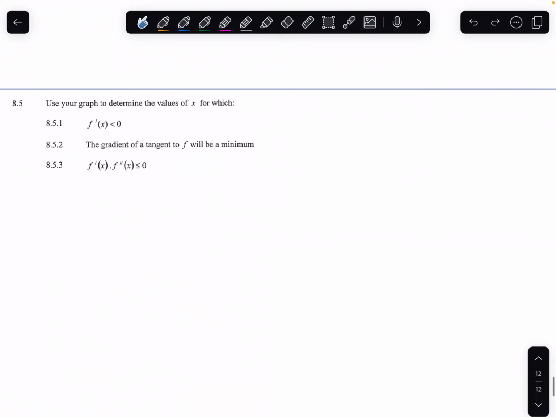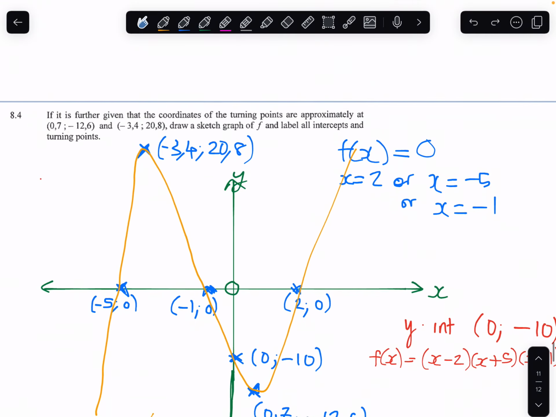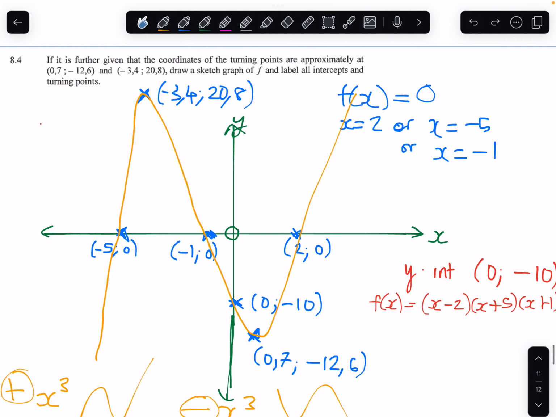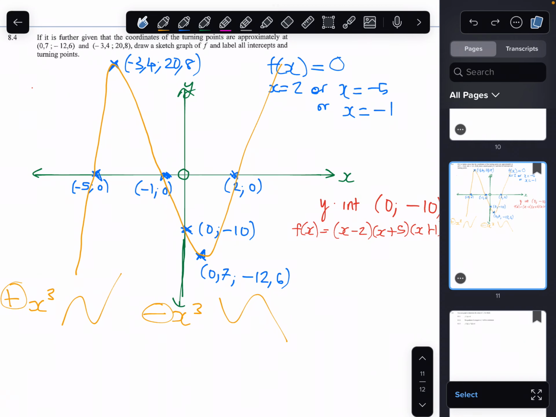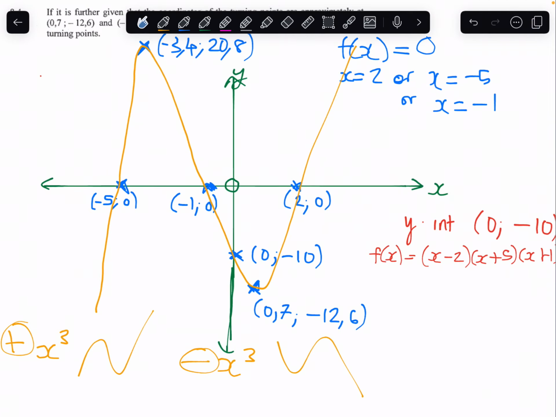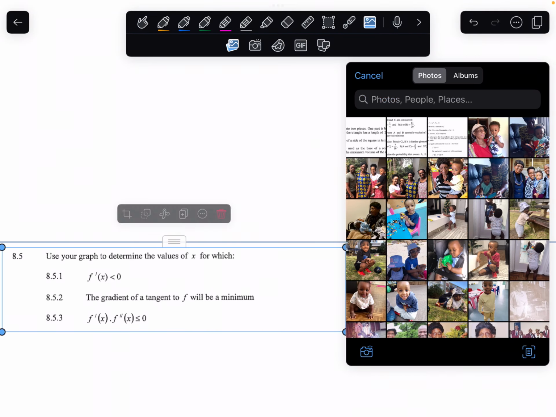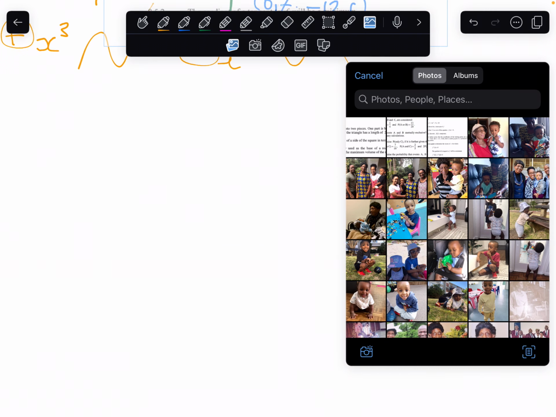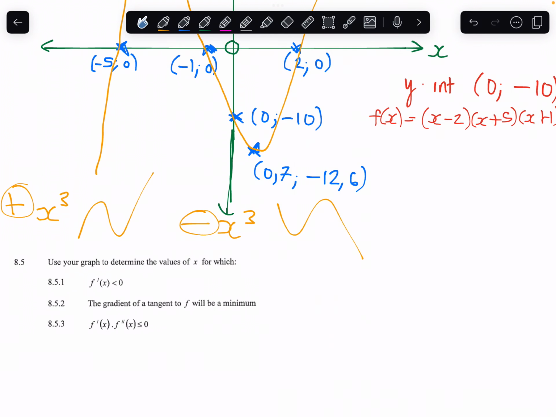Righties, last question, last part of the question. Use your graph to determine, okay, we're going to need our graph. I think what I'll do is I'll just duplicate this page. Then I'm going to take this question. I'm not sure where to put it yet, so let's just minimize that for 2 seconds.